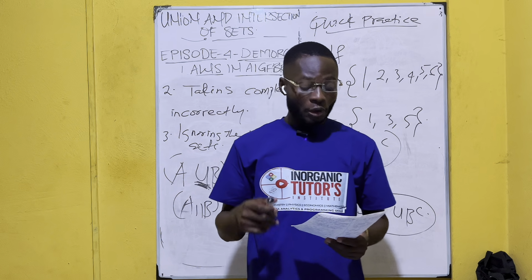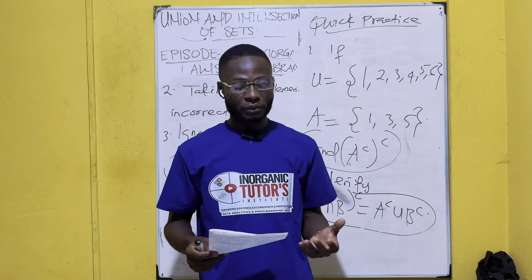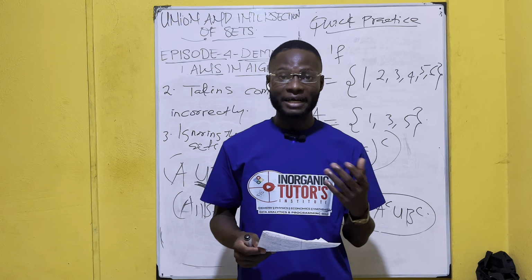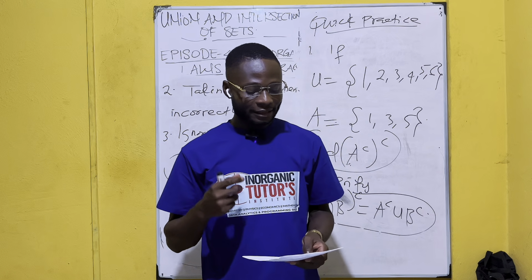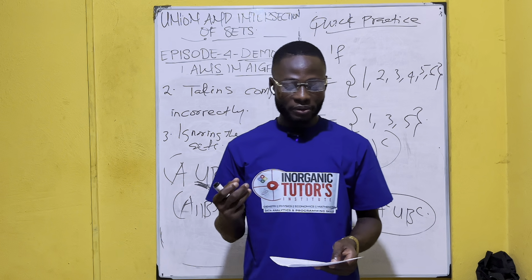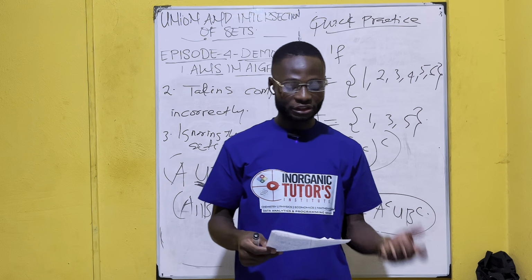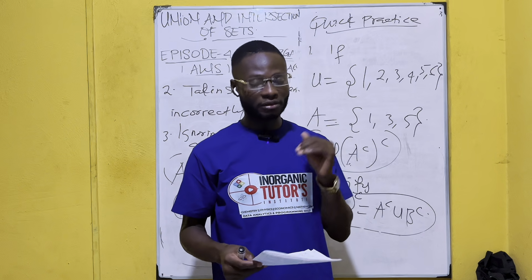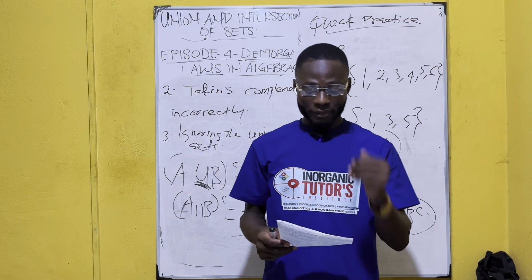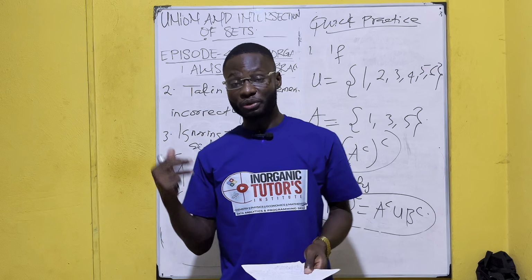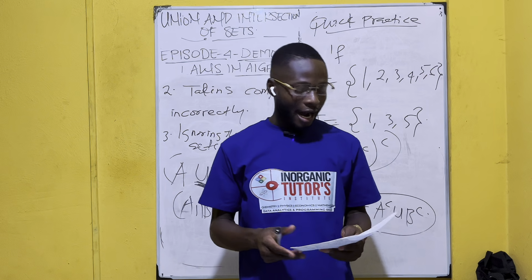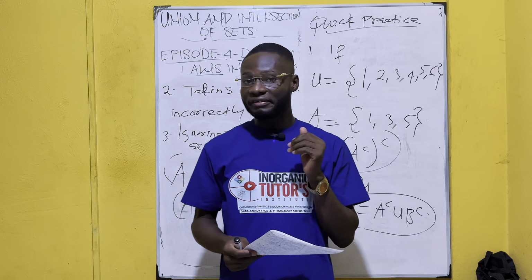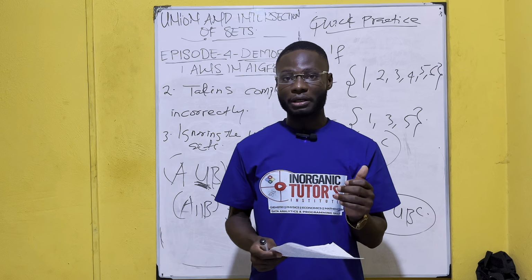We used Venn diagrams to visually verify that the complement of a union becomes the intersection of complements, and the complement of an intersection becomes the union of complements. We have verified that. Now, these laws are very important in algebra.